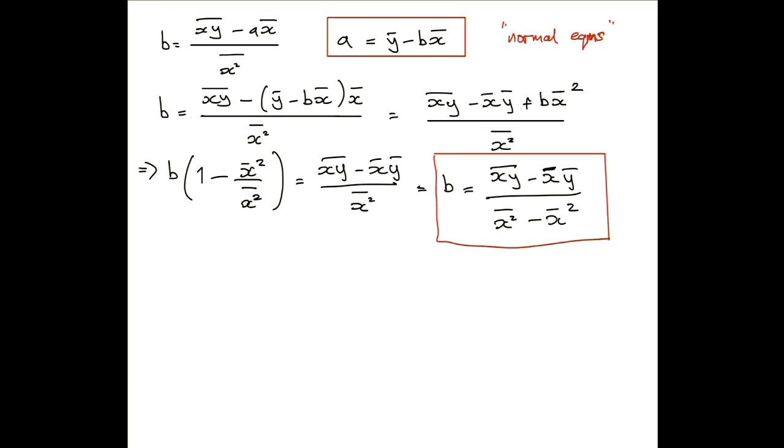It's not particularly understandable in terms of what this might mean, right? Because we've got the product of the x and y's, the product of the means, the mean of the product xy, the product of the means of x and y, the mean of the x squareds, and then the square of the mean of x.